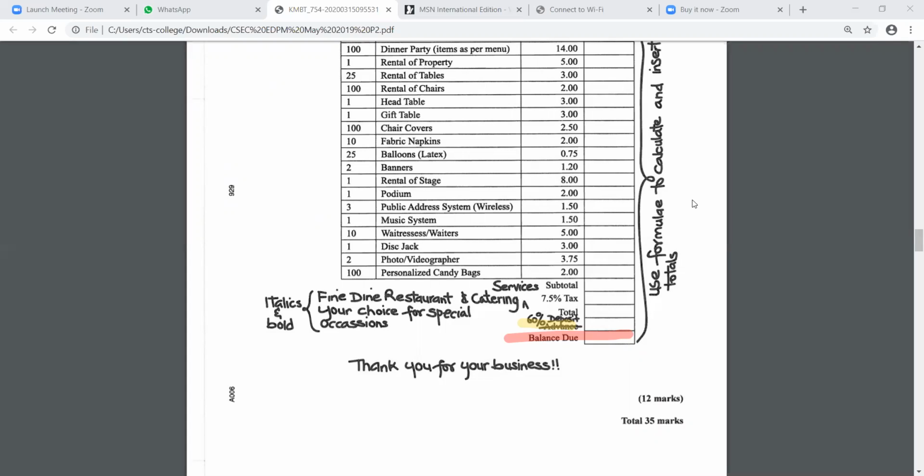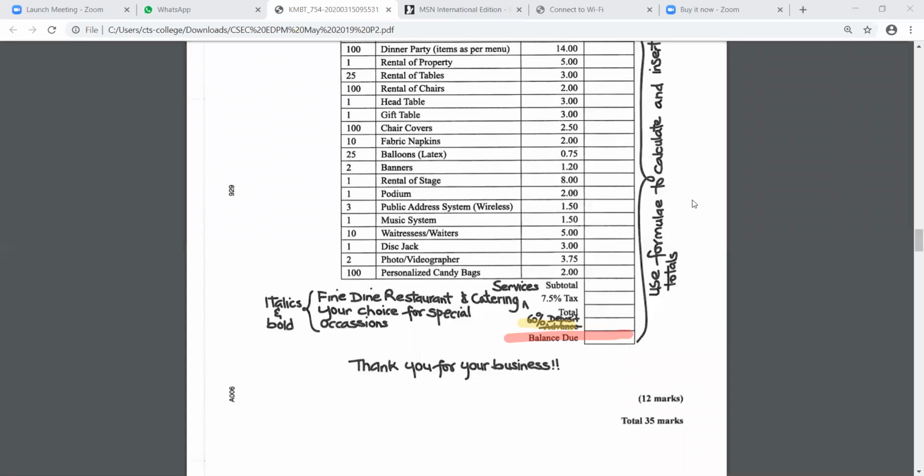Remember, we took the subtotal and the tax and added them up as one total, right? So A is 60% and B will be total. Does everybody understand that? Whatever figure you have for that 60% deposit, that's A, and whatever figure you have for total, that's B.